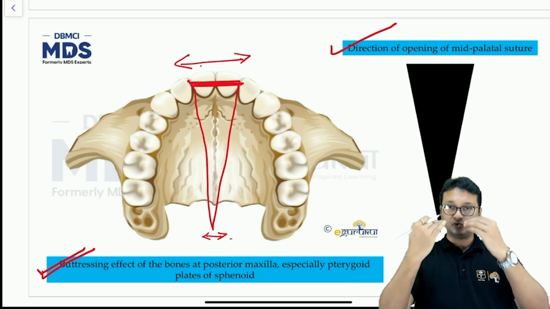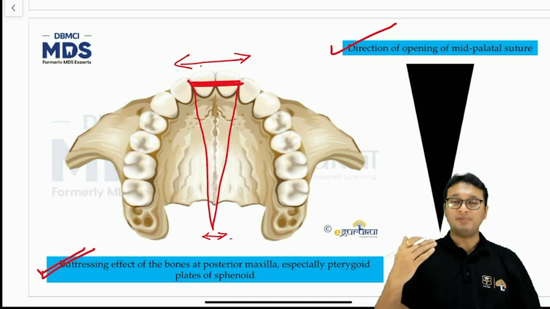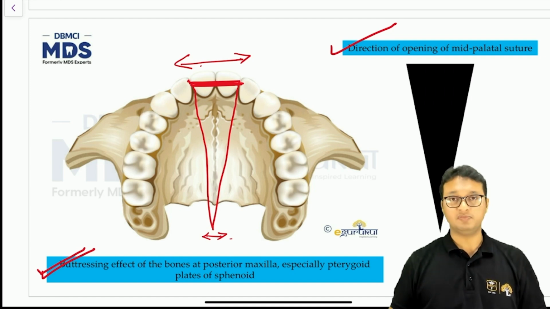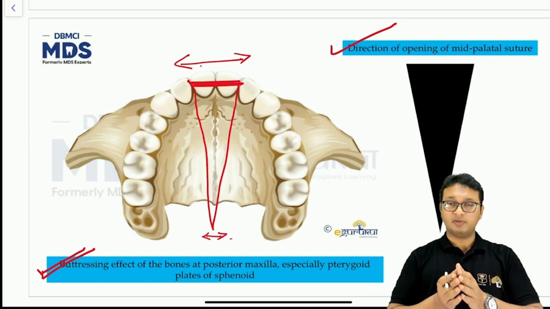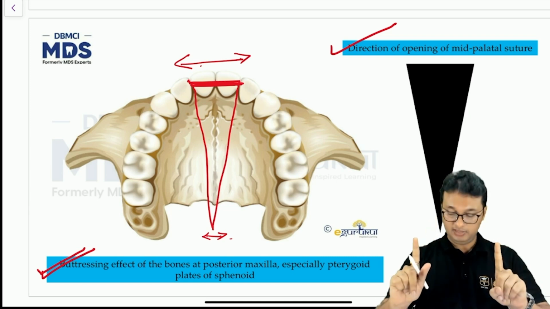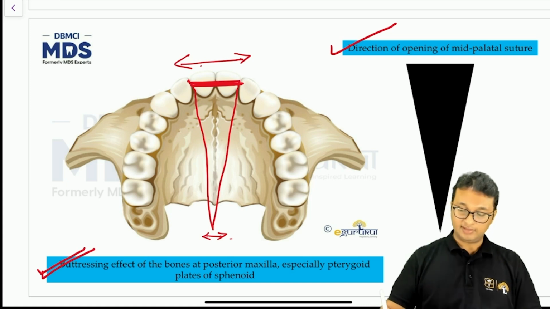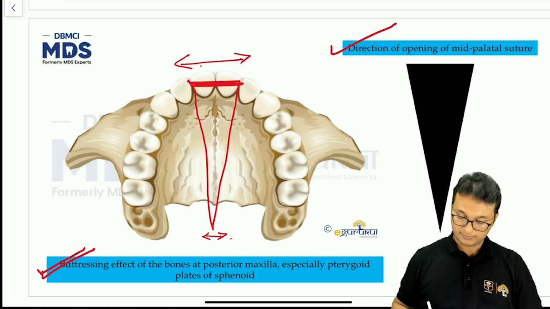So as you go posteriorly, the complexity of articulations of the maxilla with the surrounding bones also increases. So it becomes nearly impossible for the maxilla to separate itself from the rest of the bones, and specifically the pterygoid plates of the sphenoid bone. So that is known as buttressing effect.